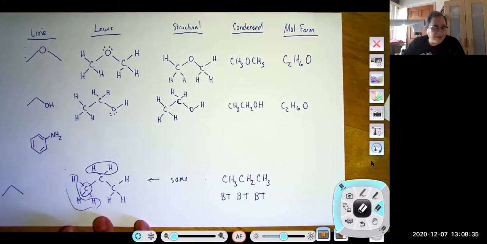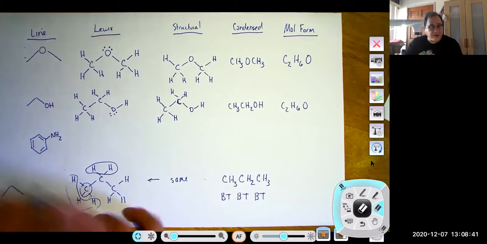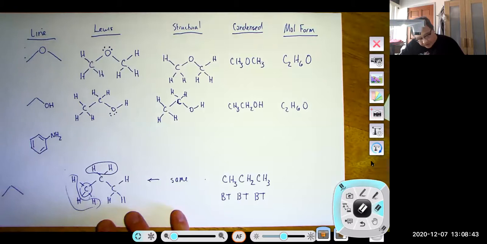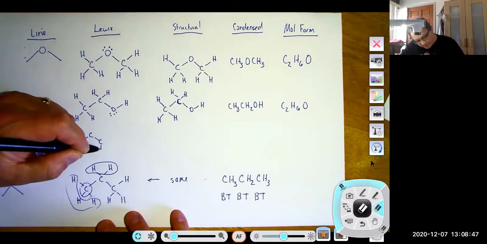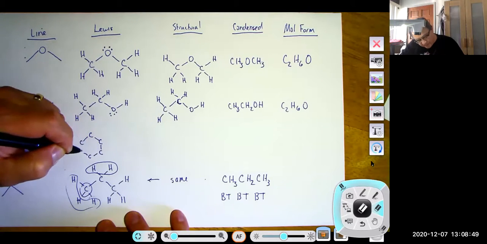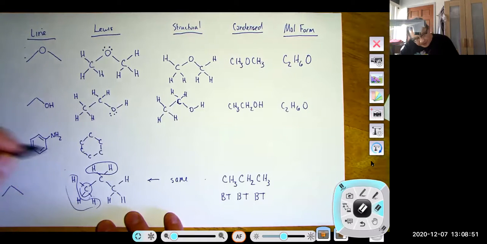This is a molecule called aniline. Let me show you how to turn this into a Lewis structure. Put the double bonds in.